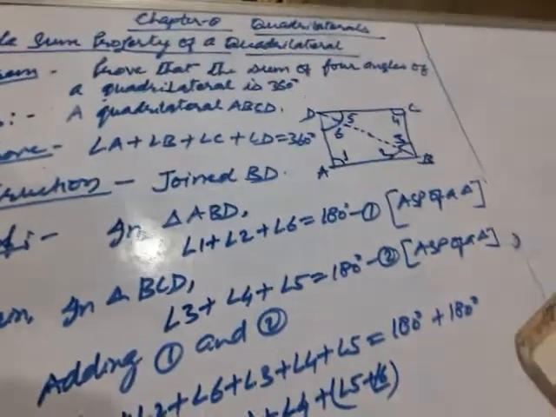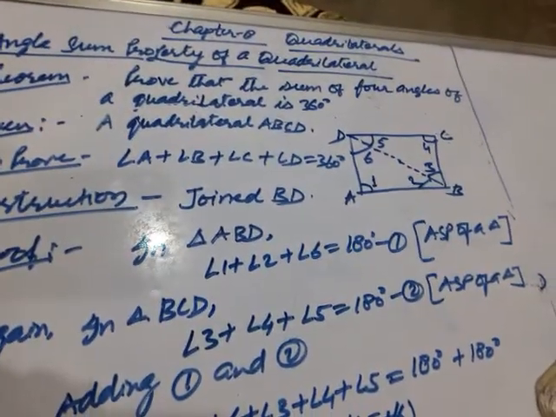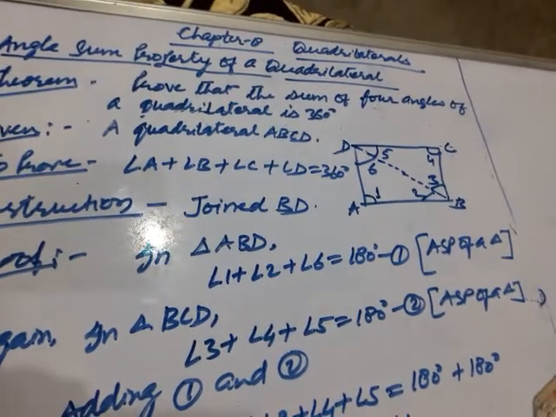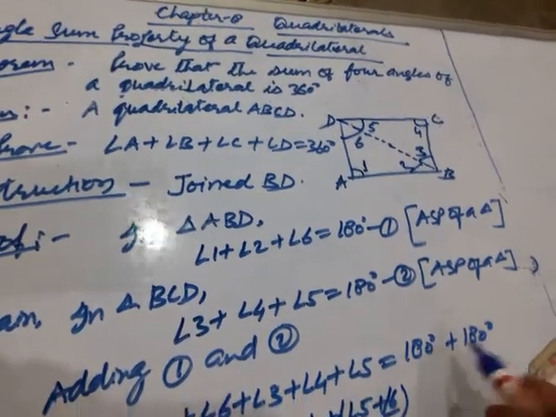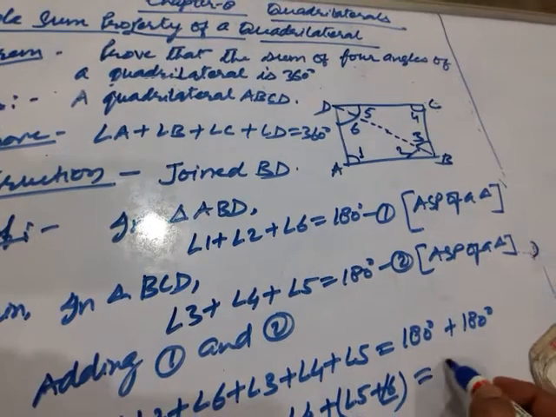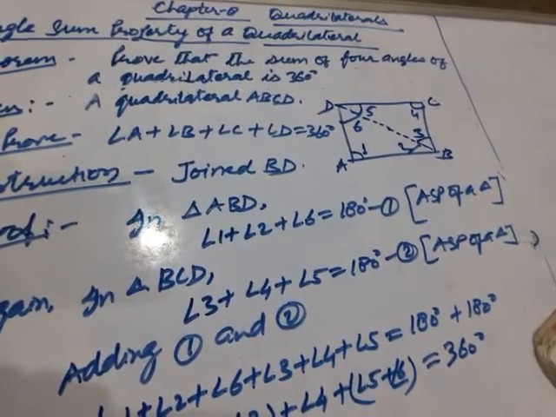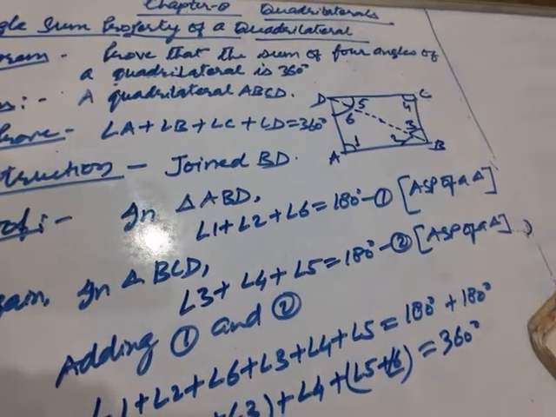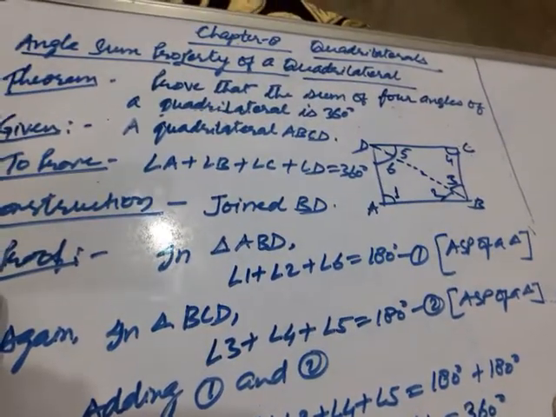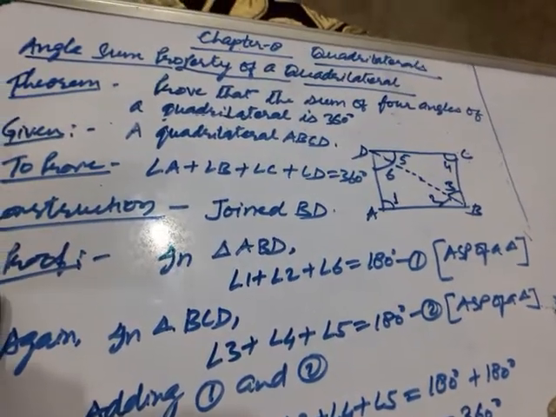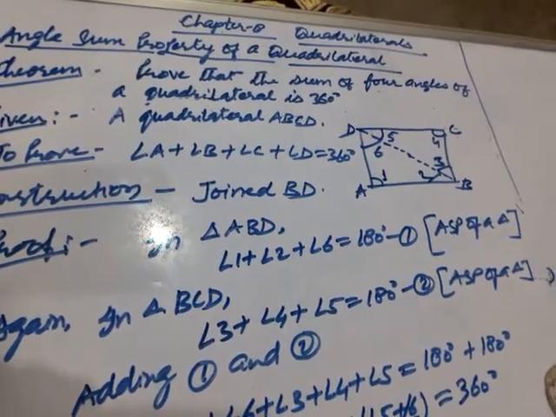Clear? So this angle 1, this one plus angle 4, and this is now equal to 180 degree plus 180 degree equal to 360 degree. This implies that angle 1 plus angle 2 plus 3, what is angle A? Angle 1 equal to angle A. Okay, children.